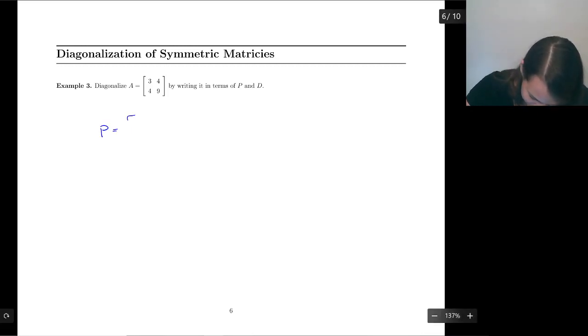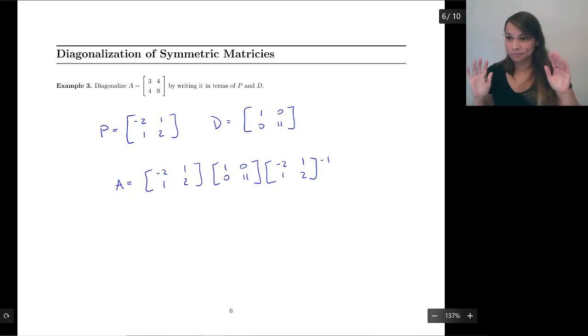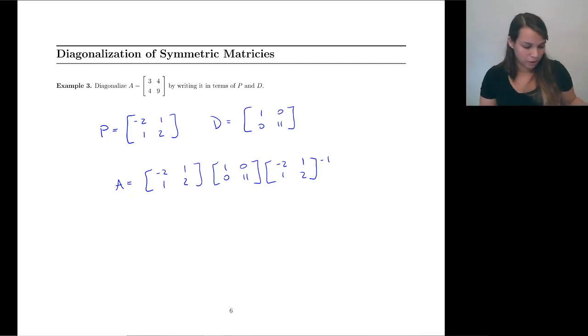So we know P comes from the eigenvectors. And then D comes from the eigenvalues. So then A can be written as -2, 1, 1, 2, 1, 0, 0, 11. And then -2, 1, 1, 2, inverse, whatever that might be.